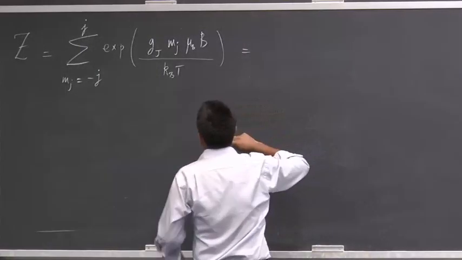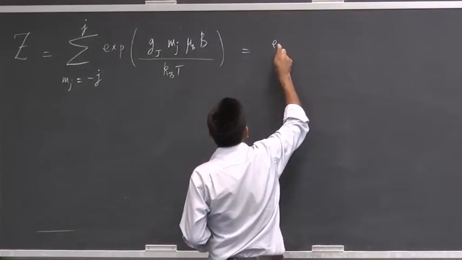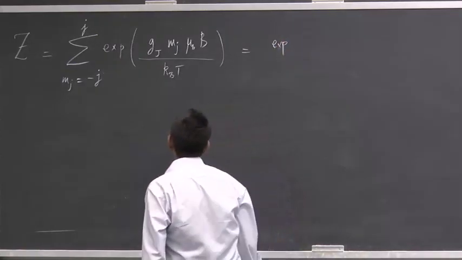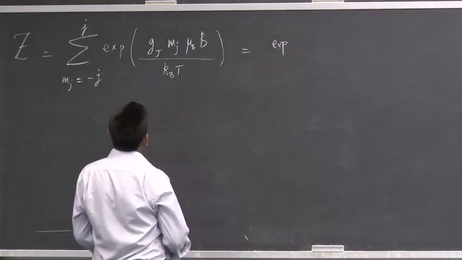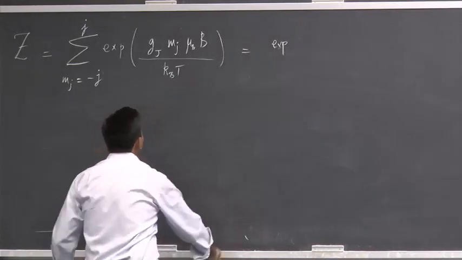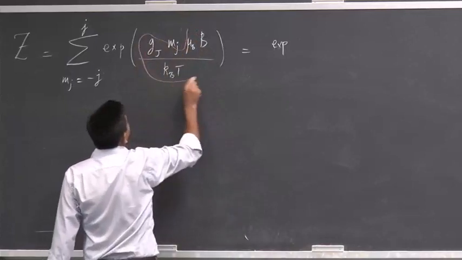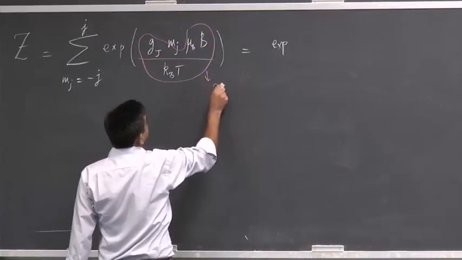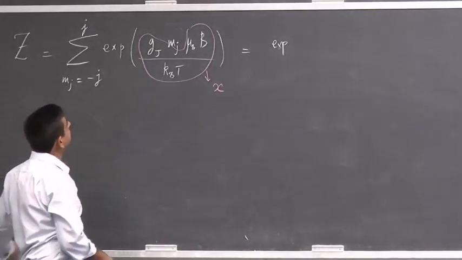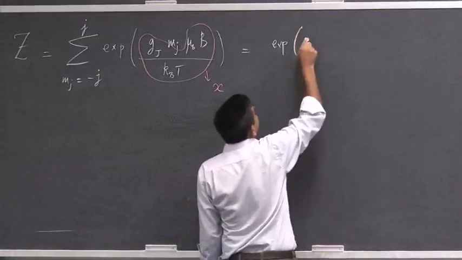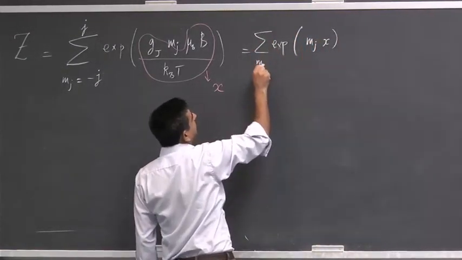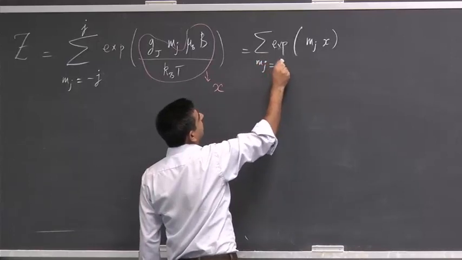So let's call all of this x. Okay, so this is the exponent of mj x summed over all possibilities of mj from minus j to plus j.